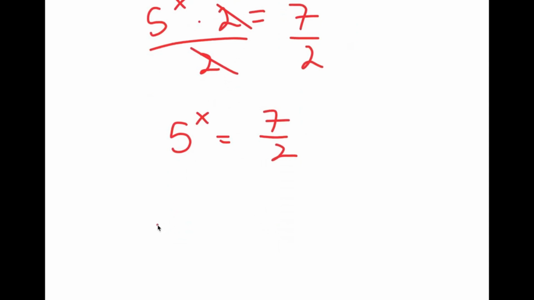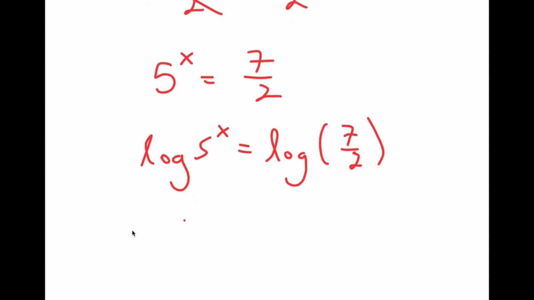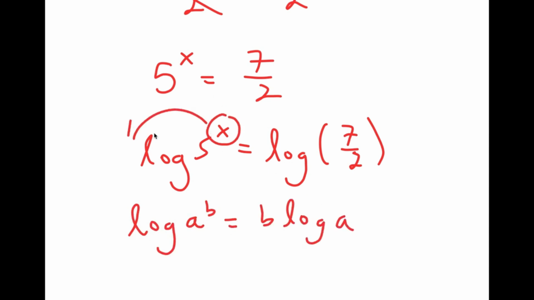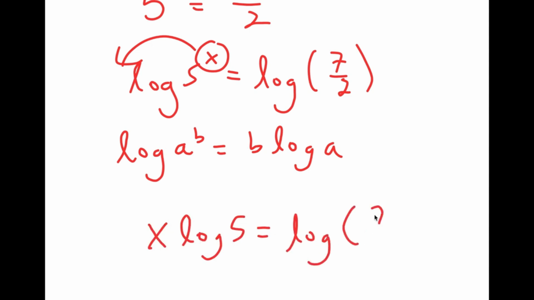Now I'm going to take the log on both sides. So I get log 5 to the power of x is equal to log 7 over 2. And if I have something in the form log a to the power of b, this is equal to b times log a. So in this case, I can move x to the front. So I get x times log 5 is equal to log of 7 over 2.